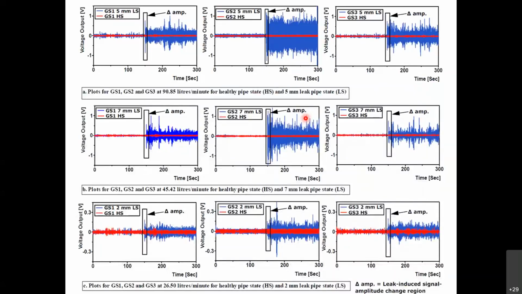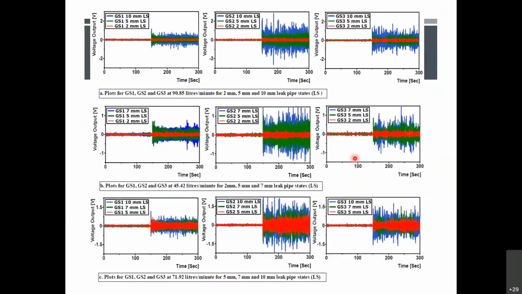What we see that is really interesting is that, as compared to the baseline, which is in red, the blue very consistently shows a sudden change in its amplitude and its variability when a certain leak happened. Not only that, it shows to what extent it happened, and the gamma glycine sensors are turning out to be a really good way to indicate and detect this kind of leakage and damage.